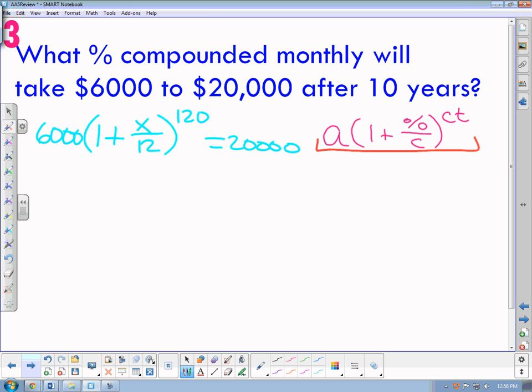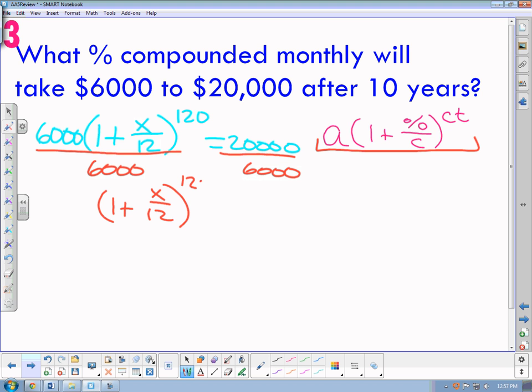So now we have to get x by itself. To do that, the first thing we would do is divide by 6,000. And then you would have 1 plus x over 12 to the 120th power equals, and they both can get rid of 3 zeros, and 2 goes into both of those, 10/3.